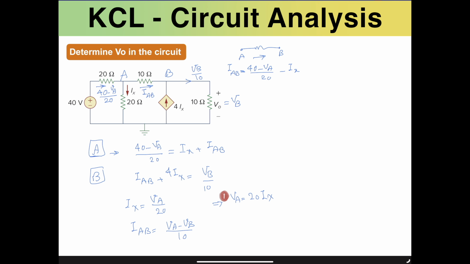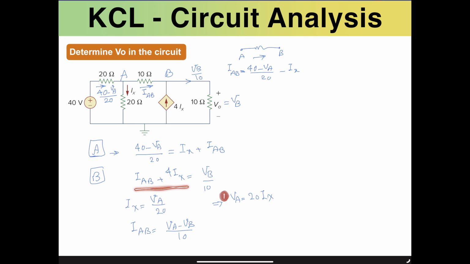Afterwards, we need to simplify VA with respect to Ix in different parts of this problem as well.